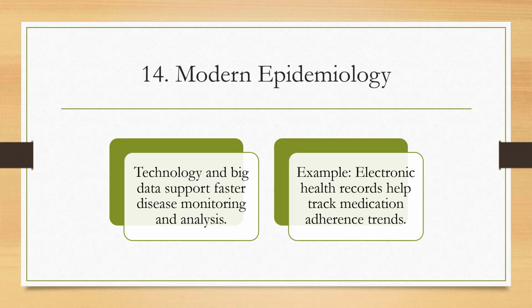Modern epidemiology relies heavily on technology and large data sets. Electronic health records allow researchers to study medication use, hospitalization, and chronic disease outcomes. For example, epidemiologists may identify patients who are less likely to take medication consistently.